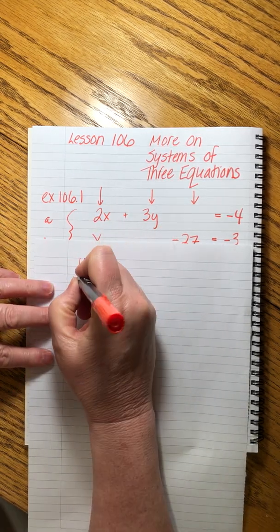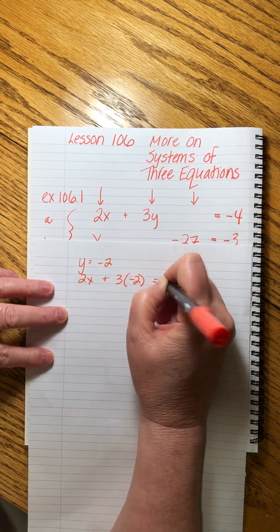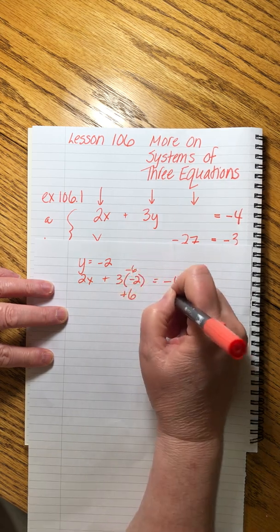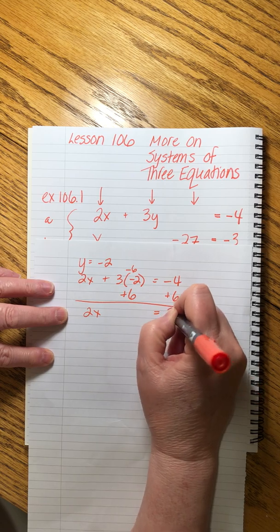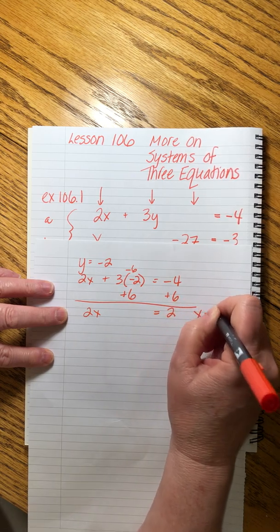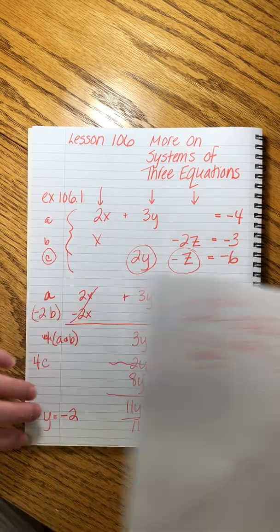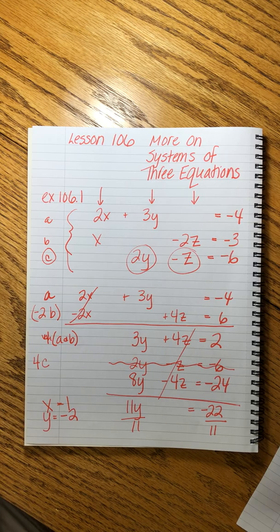So 2x plus 3 times minus 2 equals minus 4. This is minus 6, so I'm going to add 6 to both sides. 2x equals 2, so that means x equals 1. All right, x equals 1.